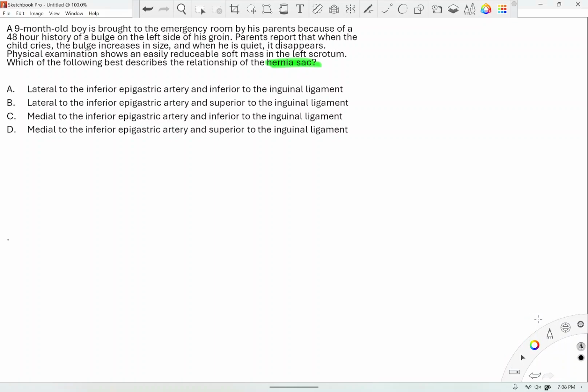So hernias in the groin area are femoral hernia, direct inguinal hernia, and indirect inguinal hernia.